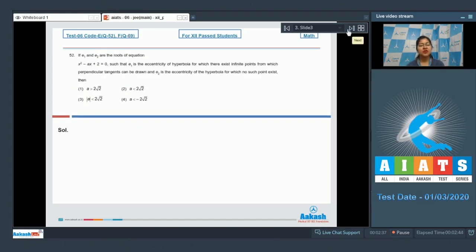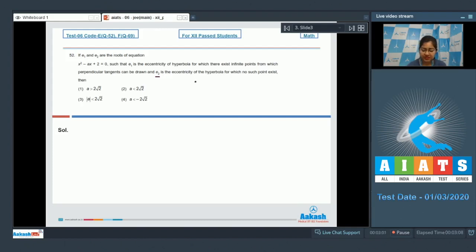Next is question number 52, which says: if e1 and e2 are the roots of the equation x square minus ax plus 2 equal to 0, such that e1 is the eccentricity of a hyperbola from which perpendicular tangents can be drawn, and e2 is the eccentricity of a hyperbola from which no such point exists from which we can draw perpendicular tangents.